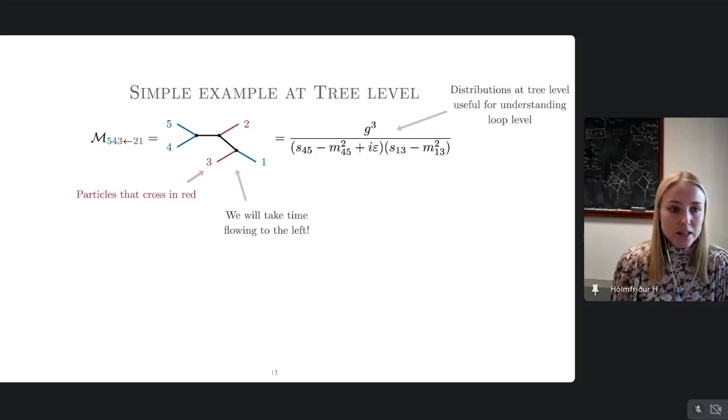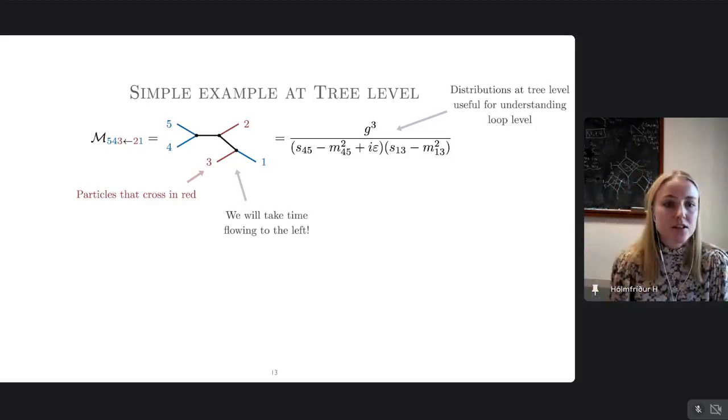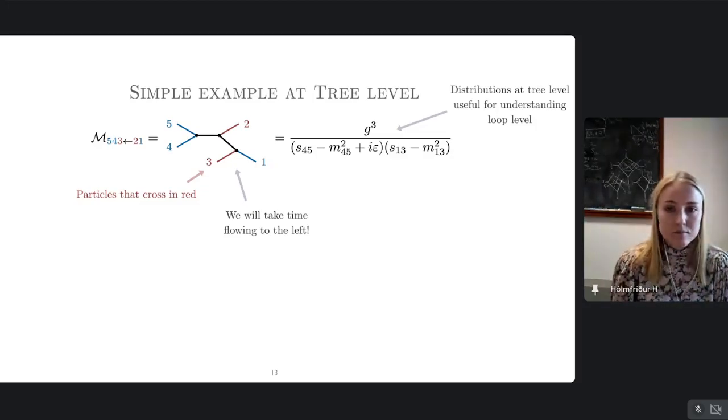So we'll go to loop level later, but for now, let me just present this simple example because it's easier to understand. But this is in a theory with cubic interactions, no? Yes. You don't need the prescription for the numerator. Exactly. So the numerator goes along for the ride in this story.